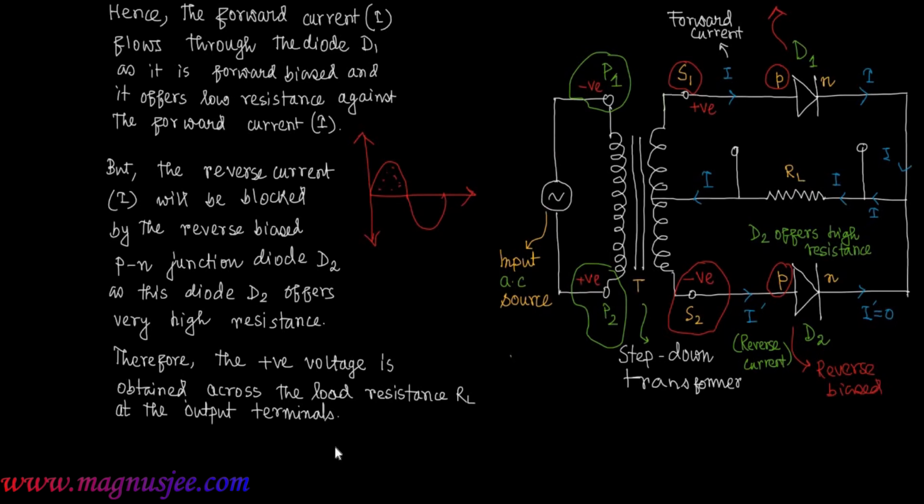And if we draw the output voltage, this is the input positive half cycle, which is applied at the input.